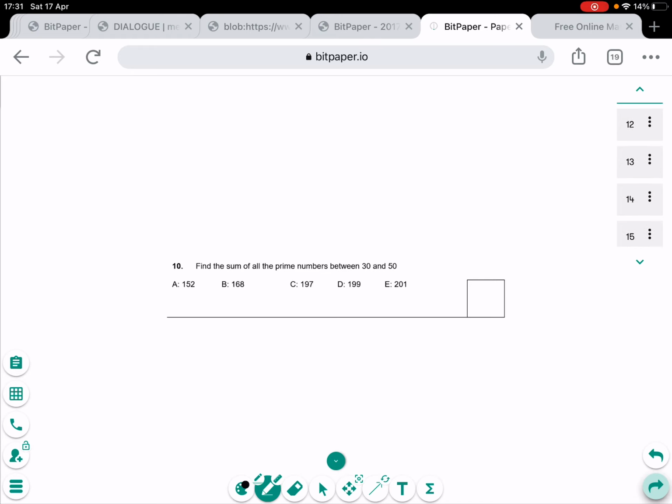Find the sum of all prime numbers between 30 and 50.